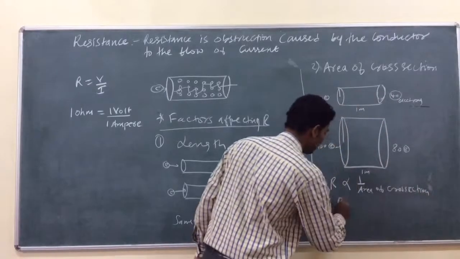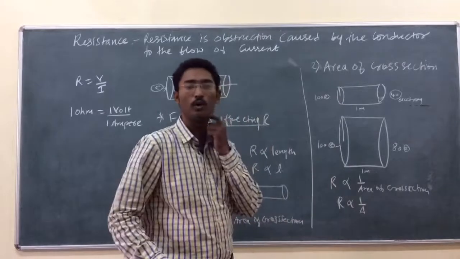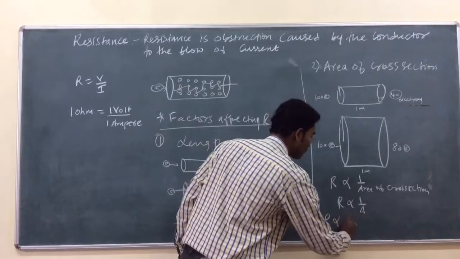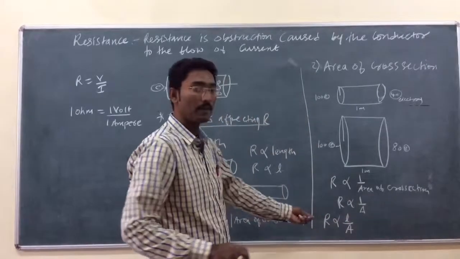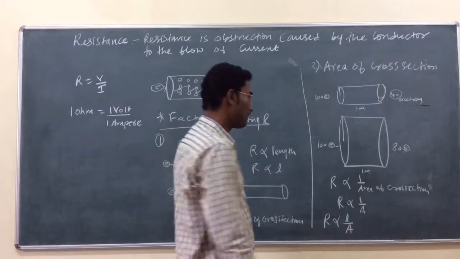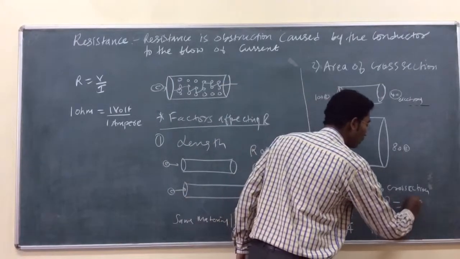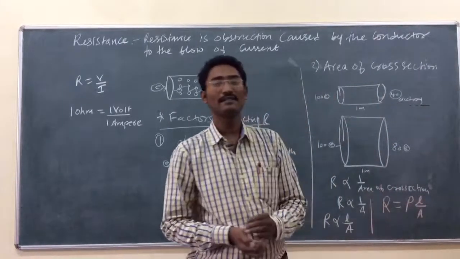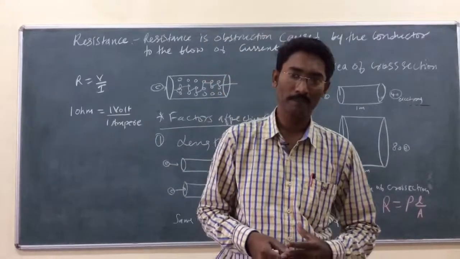If we combine both these statements, resistance is directly proportional to length upon area, and changing the proportionality sign, resistance is equal to rho L by A, where rho is the constant of proportionality, that is, resistivity. Thank you.